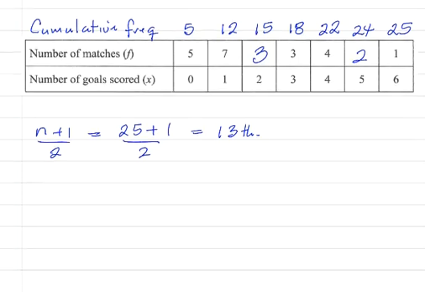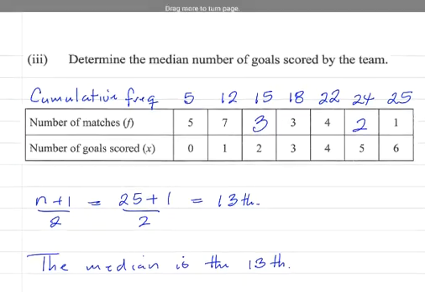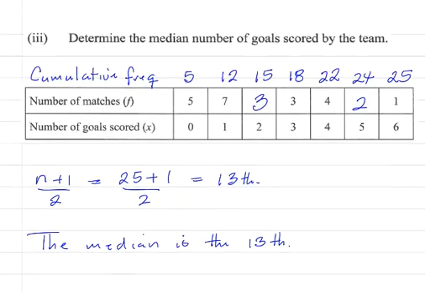So this is telling me that the median is the 13th value in the distribution. So from the cumulative frequency, the first 5 values are 0, the 6th to the 12th values are 1, and the 13th to the 15th values are 2.